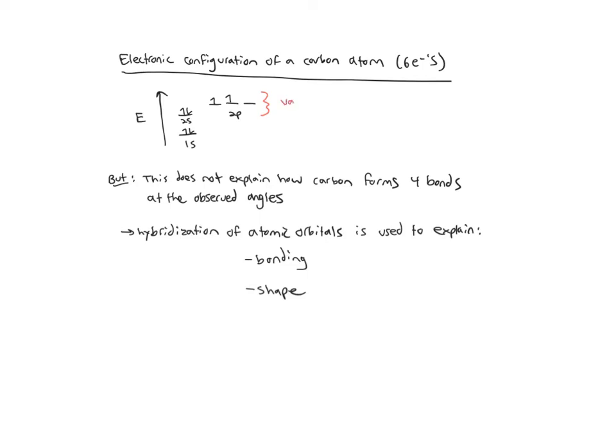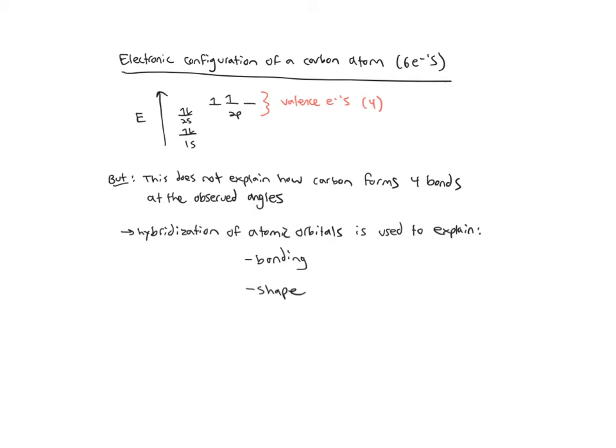These are the valence electrons, and we said there are 4 of them. These are going to be important when we talk about hybridization and then when we talk about bonding, because those are the electrons that are involved in bonding. They are the highest energy electrons in that carbon atom, and so that's where we're going to be focusing.